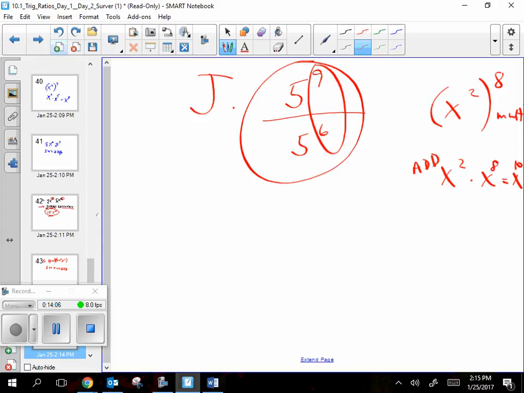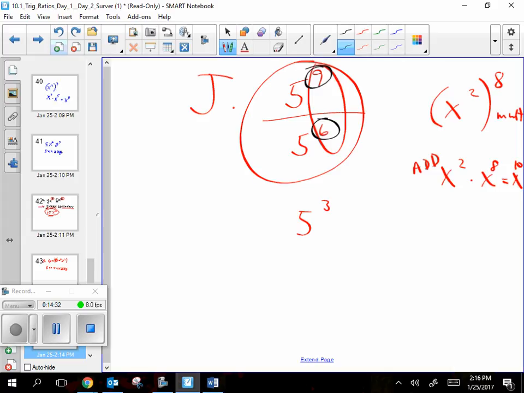So this answer is 5 to the third. Now I know some of you real smarty pantses might say, oh, that's 125. Awesome, but you don't have to say that. You can just know it's 5 to the third. How did I get that? Because I subtracted 9 minus the 6. So when there's powers divided by powers, you subtract them. So, go ahead.